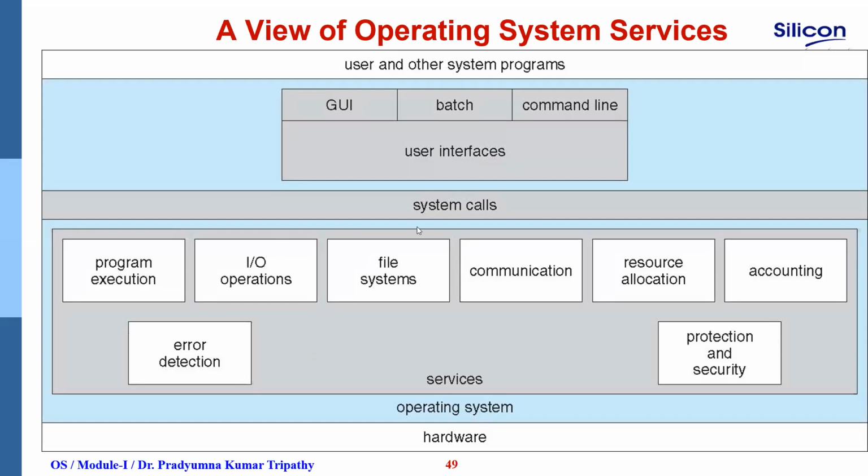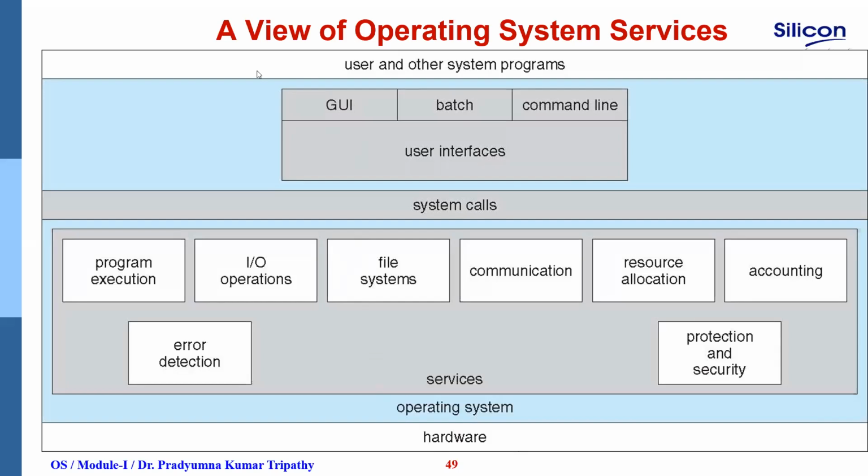Now see over here. The user application takes help of these services so that the work can be carried out in the hardware. Is that clear? How will a particular program take the help of these services?